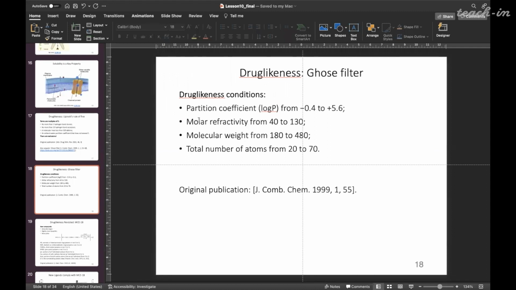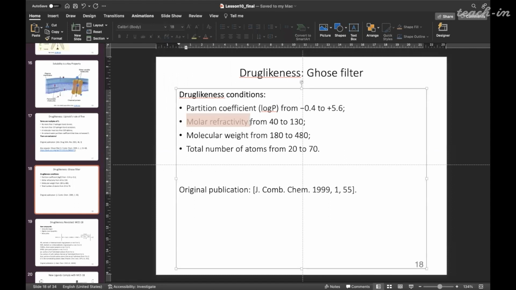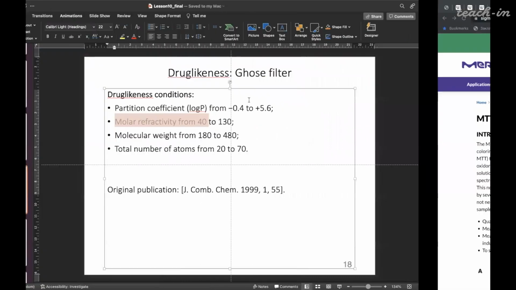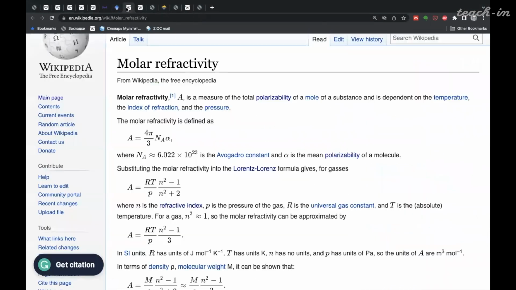Speaking of molar refractivity, I've misspelled. It's related to molecular polarizability, and you can refer to Wikipedia on measurements of molar refractivity.